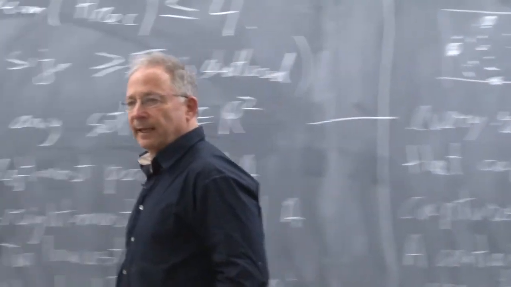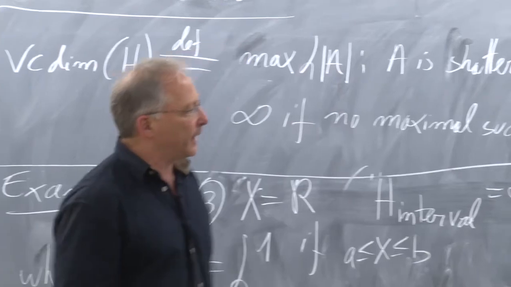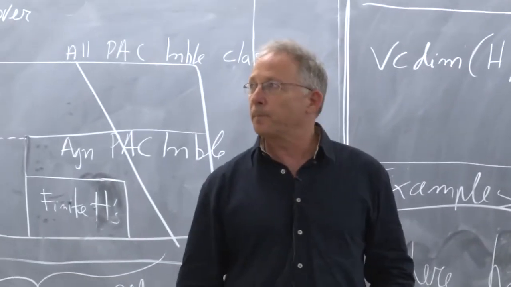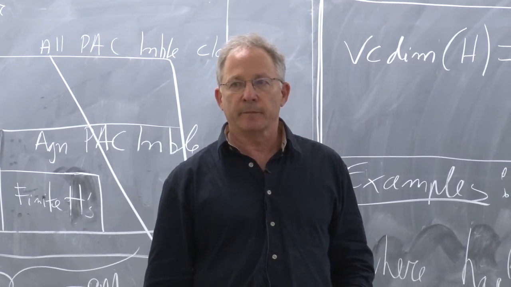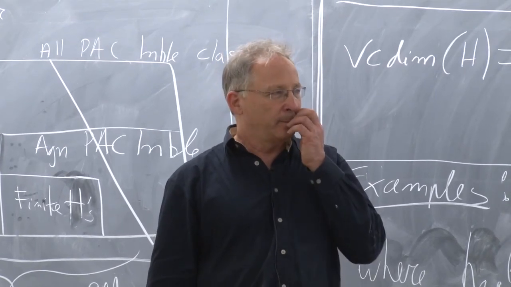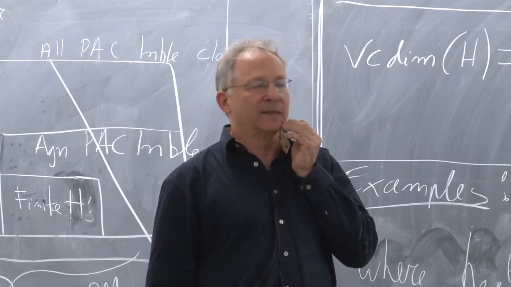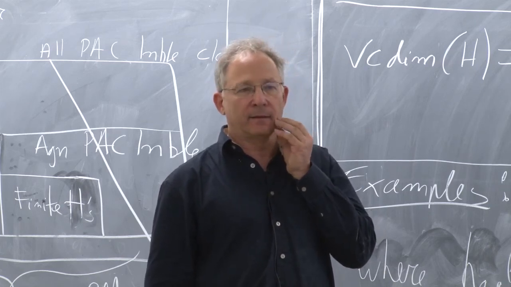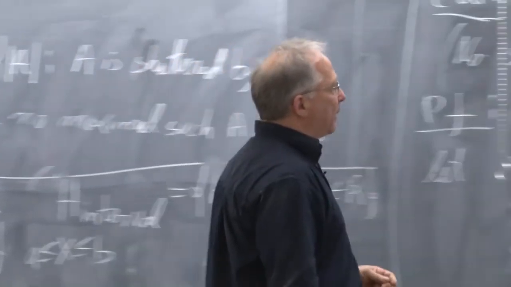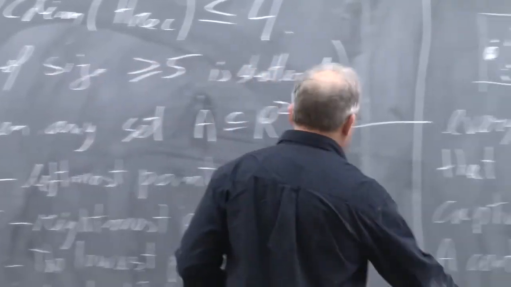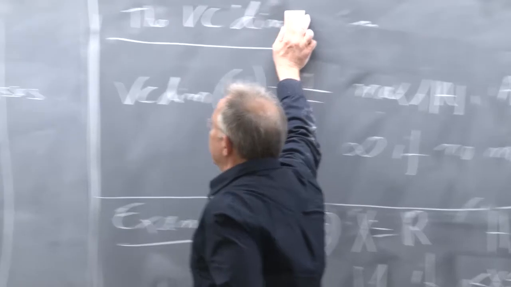Anytime I try to get this set, I will take X star as well. So no set of size 5 or more is shattered. So we have another example that we analyzed. The VC dimension of the set of all rectangles is 4.